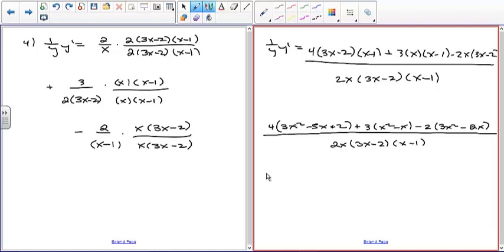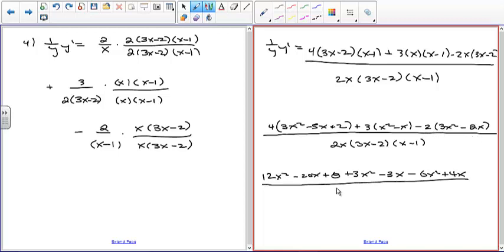So go ahead and multiply out now. So we'll have 12x squared minus 20x plus 8 plus 3x squared minus 3x minus 6x squared plus 4x. So that's each one of these terms. 12x squared, negative 20, plus 8, plus 3, minus 6, plus 4.